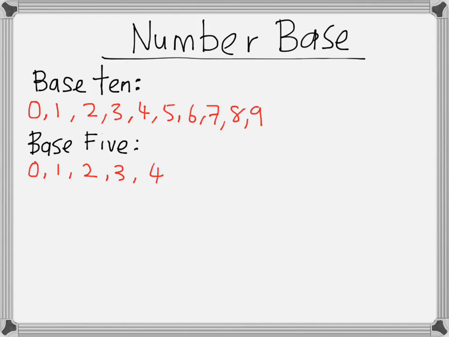From here what you can see is that in base 5, you can never see the digit 5 in the number. This one I will explain more later. So base 5 is formed by these 5 digits: 0, 1, 2, 3, and 4. This is the meaning of base 5.